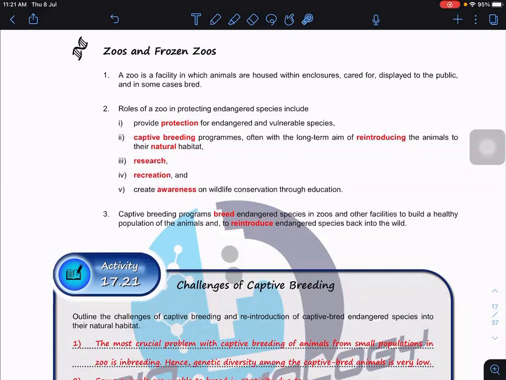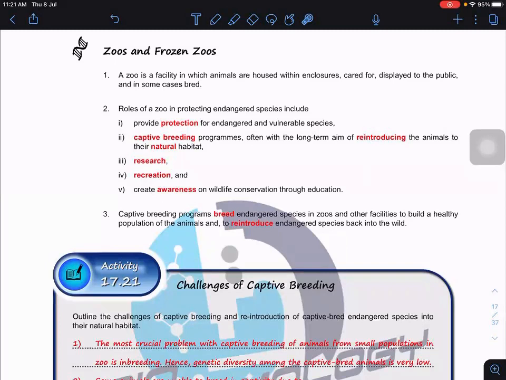Recreation, definitely. It allows the public to go into the zoo and learn about where they are from, in terms of their conservation status, whether they are critically endangered or endangered, and also to create awareness on wildlife conservation through education. Most zoos have certain programs for kids or for families to bring the kids to the zoo and join their educational events, so they create awareness.